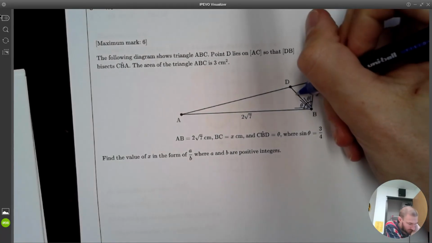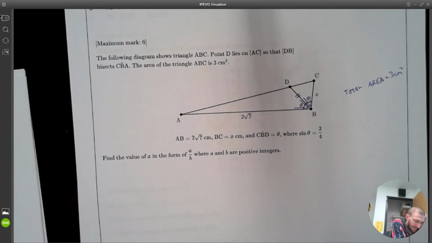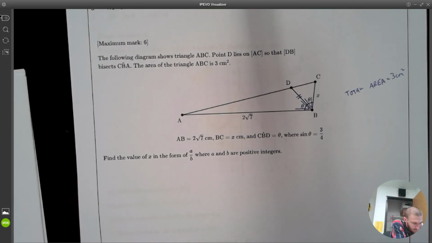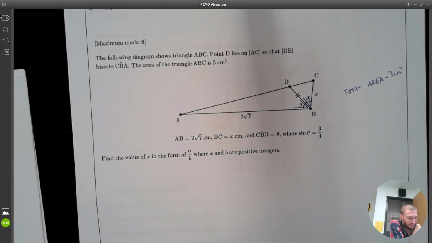And I know that I also have shared sides here, where DB is the same side for both triangles. Normally, when you have two touching shapes, you're gonna have to work in the wrong shape before you're allowed to bring stuff over to the correct shape.